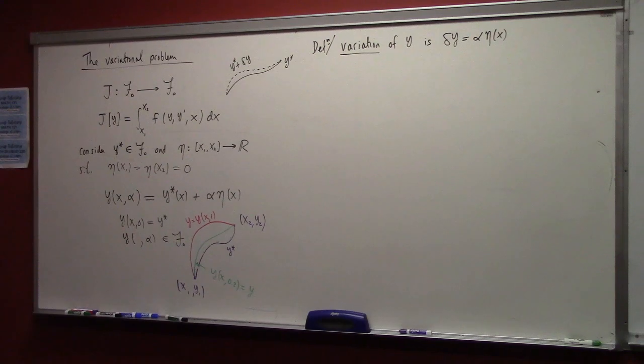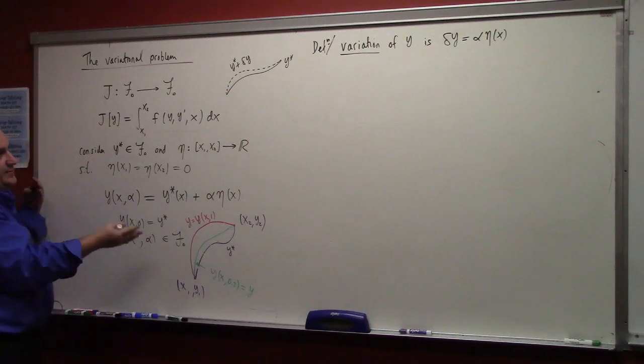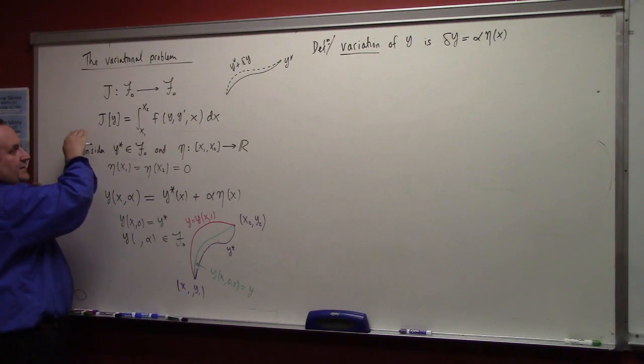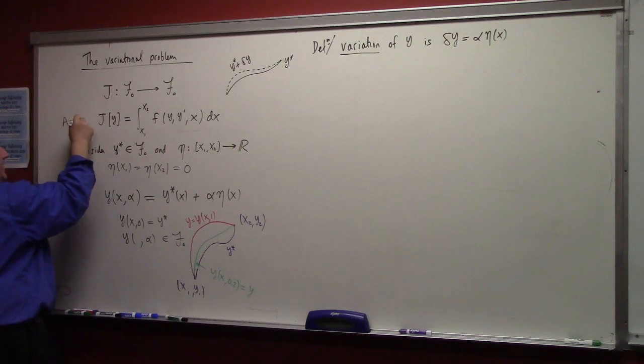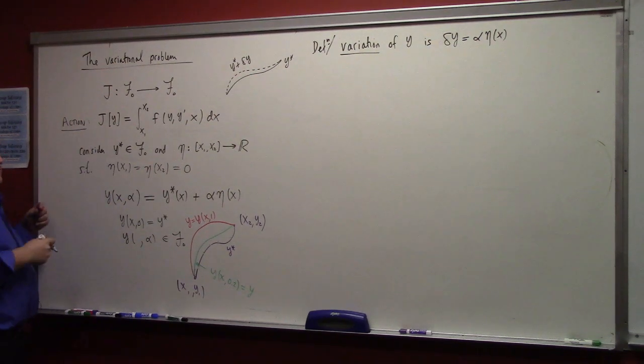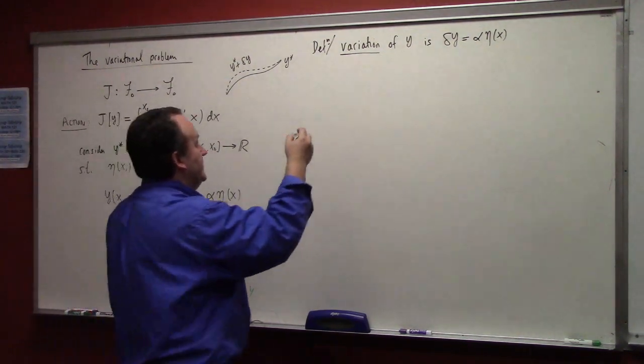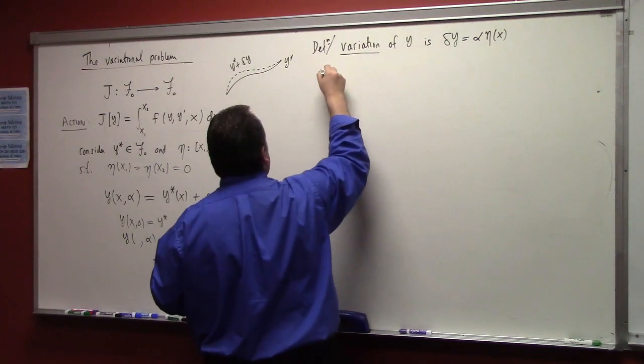And so this means that with this setup, we can meaningfully express the action. This is the action, okay? Action is typically the integral of the Lagrangian, but we can express the action as a function of alpha. So what would J of alpha be?